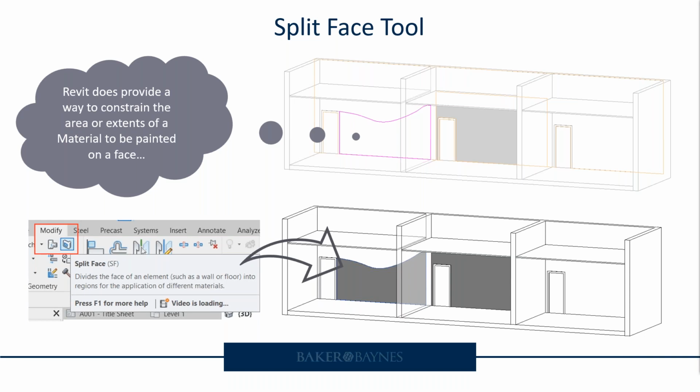So if you use this tool, it allows you to easily split the face of a wall and then apply a different material to that split surface instead of having to draw a separate layer or a wall in order to apply material to that. So we can see that in the bottom image.